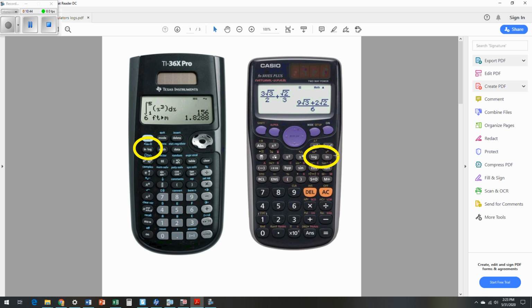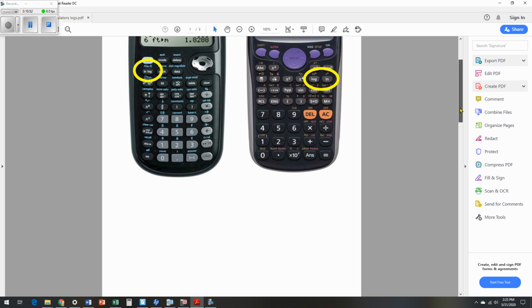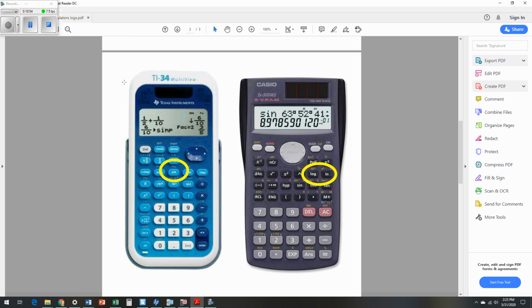If you have this type of calculator, the Casio FX300 ES Plus, there are two separate buttons, log and natural log. And then scrolling down, if you have the TI-34 Multi-View, which is the one I'm going to use to show you how to do it, there's the button, same way we were able to get to the E on the other problems, that log button, the PRB.